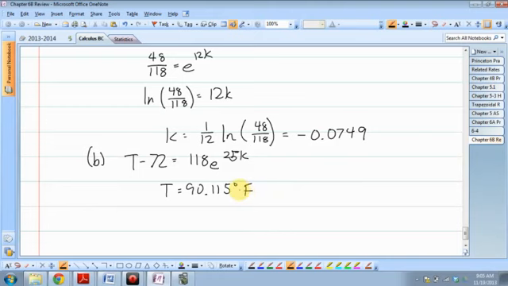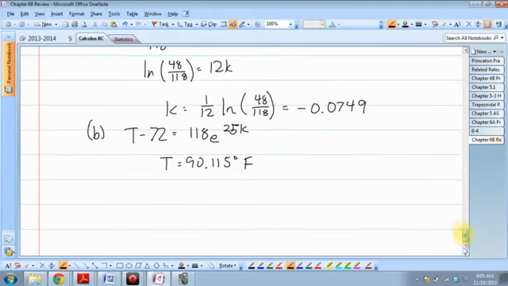And part C, when will the temperature be equal to 85 degrees?